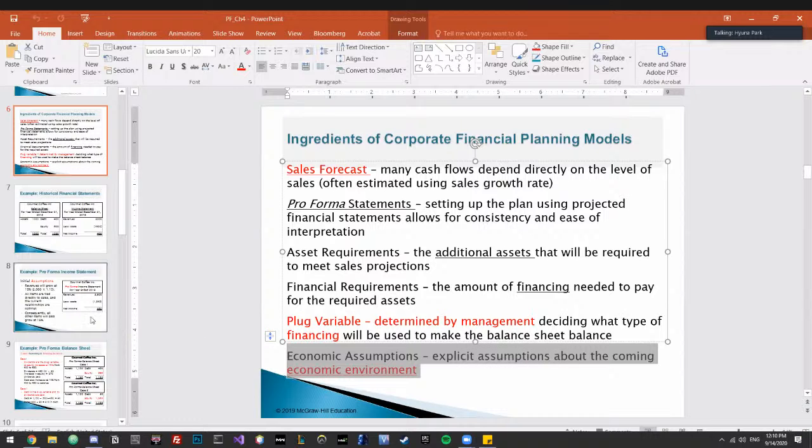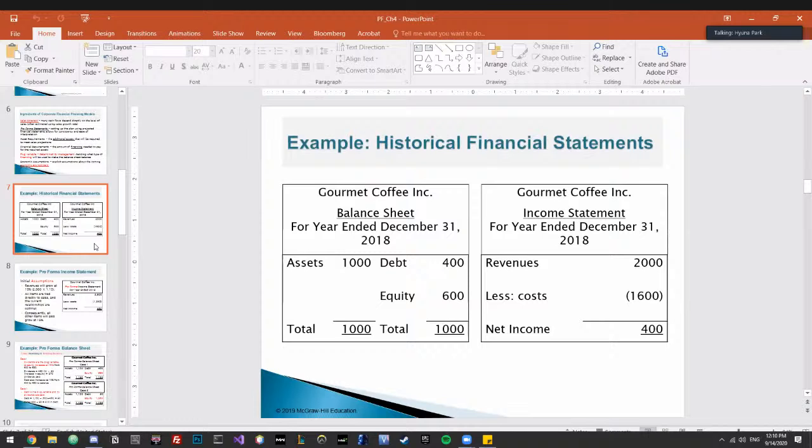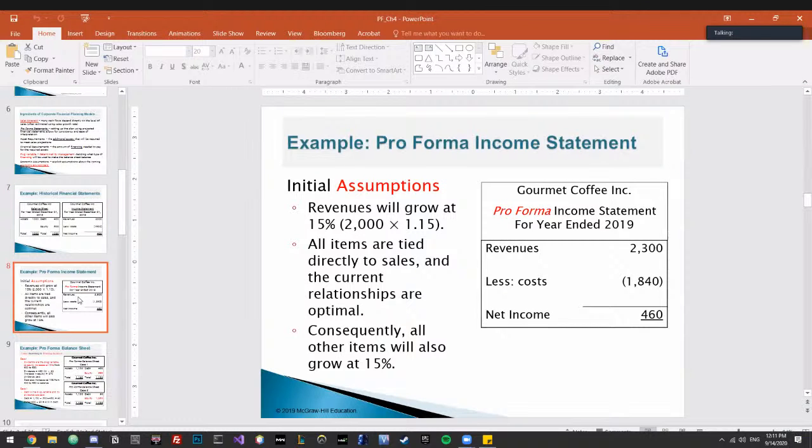So with that said, there is a very simple example of a simple company, balance sheet, income statement for gourmet coffee. So using this historical balance sheet and income statement, this example shows how you can make a plan and forecast for this company's future.